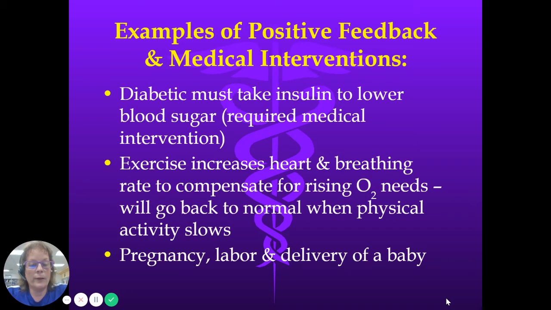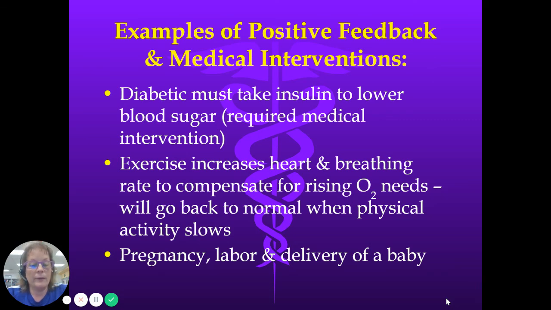And then another one that is a normal one, but you still kind of need medical intervention for, is when pregnancy occurs and you're having the baby. That is positive feedback because your uterus is contracting, your blood pressure goes up, a whole lot of different things going on in that body that are not normal. Then you have to deliver the baby and all that.